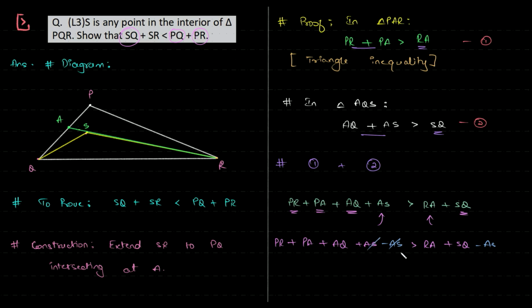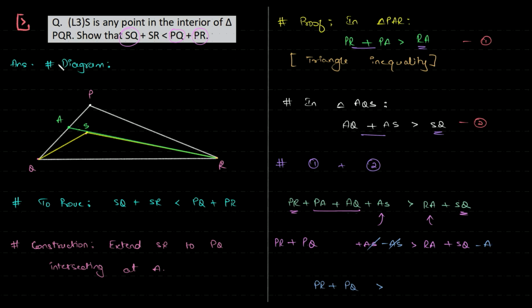So this and this will get cancelled, and we have PR plus PA plus AQ. PA plus AQ is what? My bad, I could have written that. This is PQ. And we have PQ greater than RA minus AS.